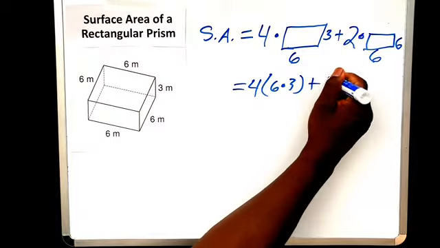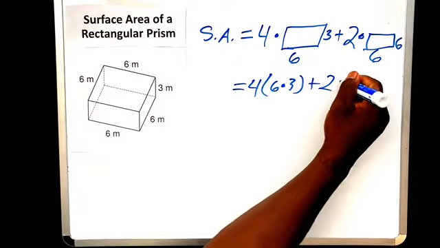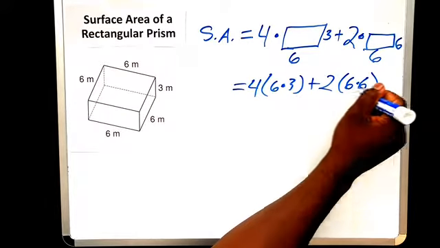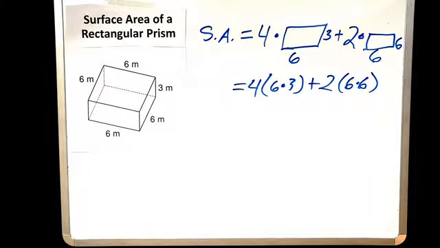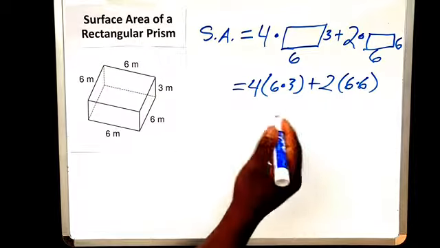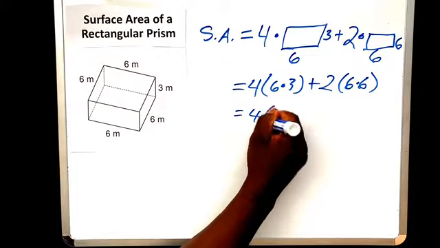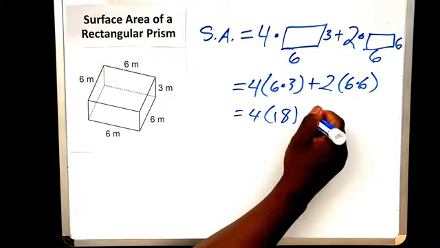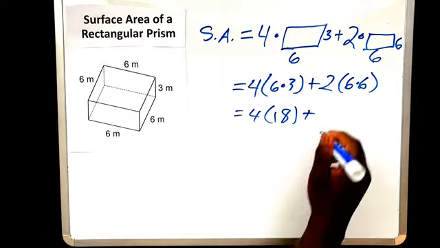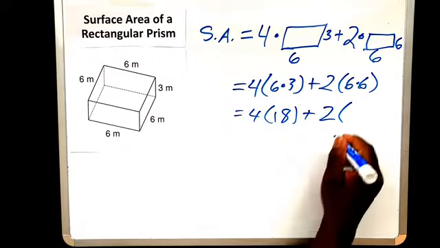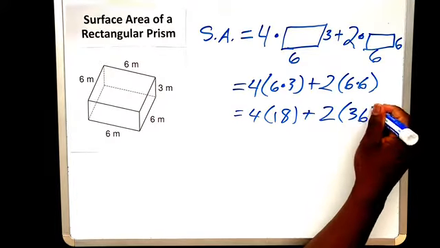Plus, we have 2 rectangles in this figure that have the dimensions 6x6. Okay? So 4 times 6x3, we end up with 4 times 18, plus we have 2 times 6 times 6, which gives us 36.